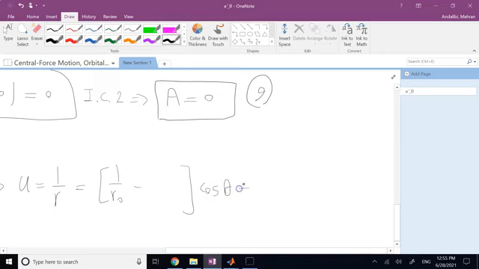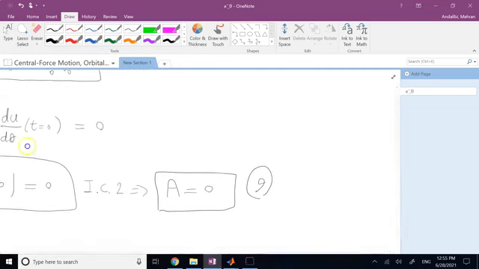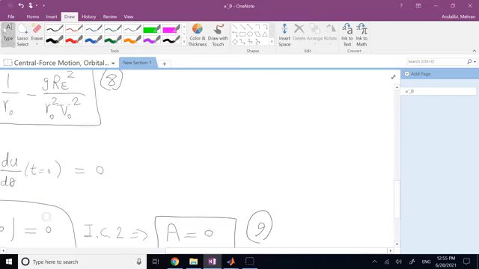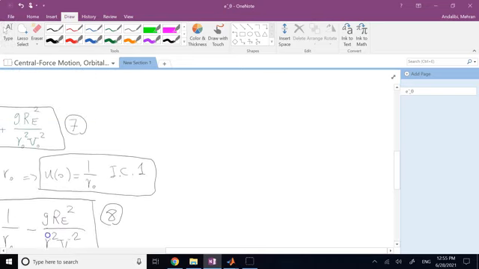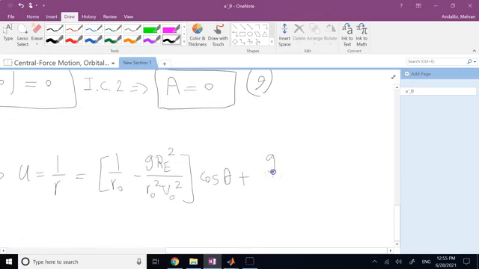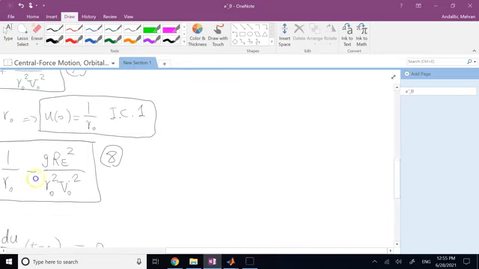And then you have the constant term on that side as well. So GRE squared over r naught squared v naught squared, and that is going to be GRE squared over again r naught squared v naught squared.